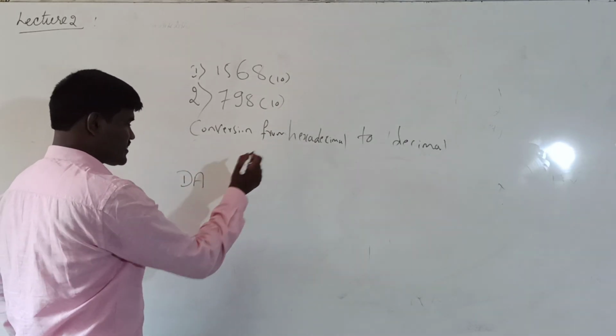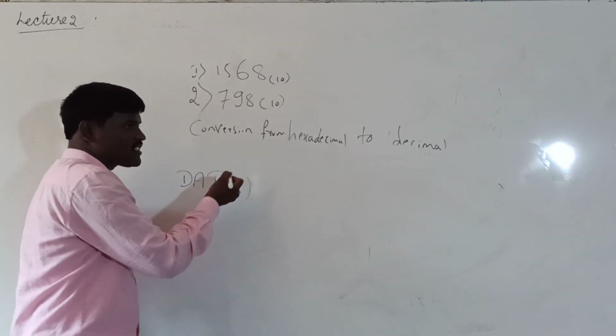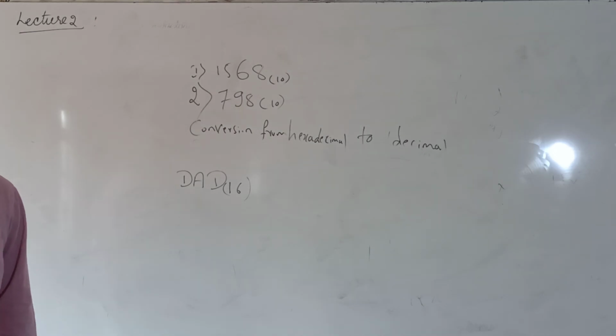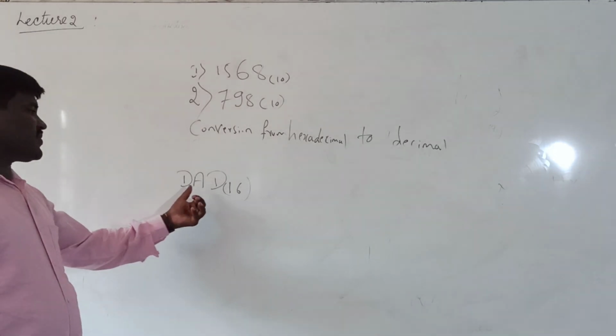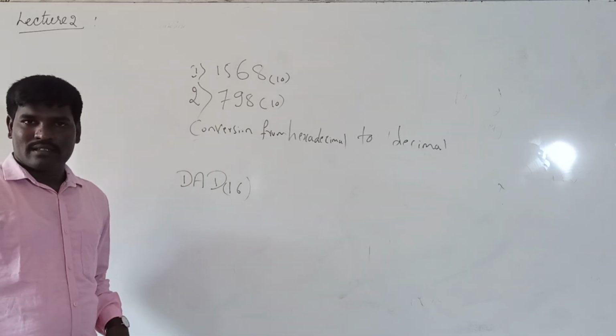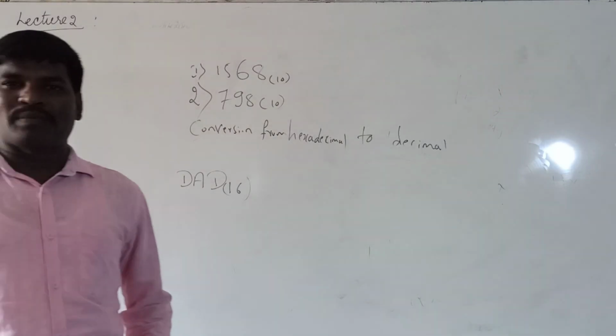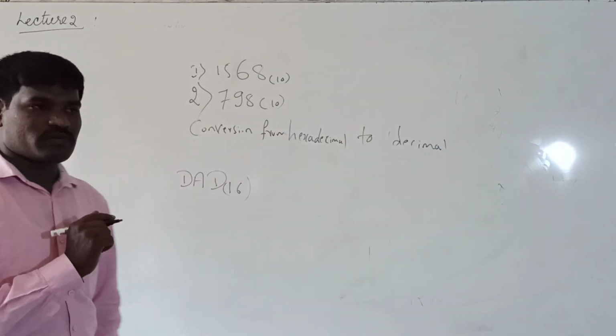Conversion from hexadecimal to decimal. Now we have to convert this DAD to decimal. Suppose the given question is in terms of letters. Here DAD. In hexadecimal each alphabet indicates one value.